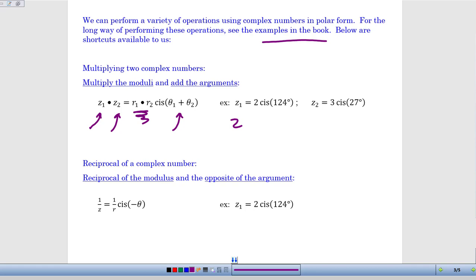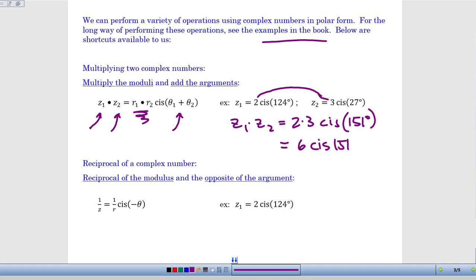So if I want to multiply z1 times z2, I'm just going to multiply the two r values. So 2 times 3. And then I'm going to have cis, the cosine I sine of 124 plus 27, which is 151 degrees. So we just get 6 cis 151 degrees.